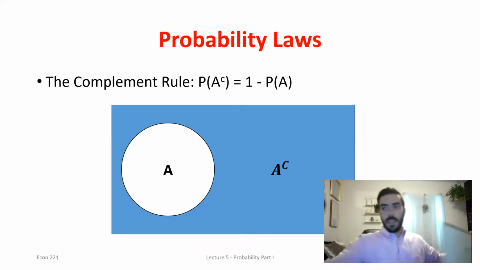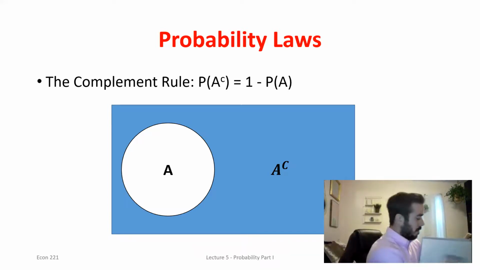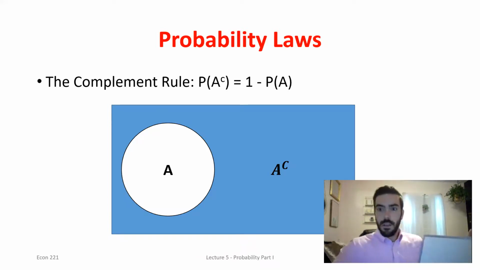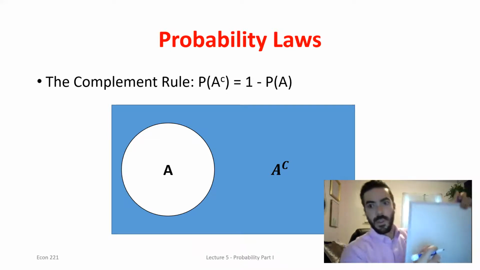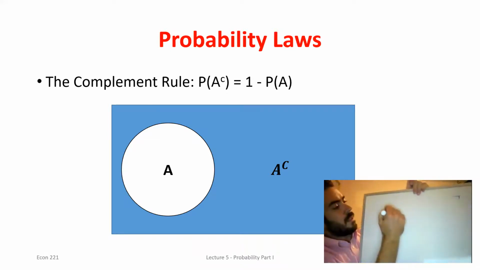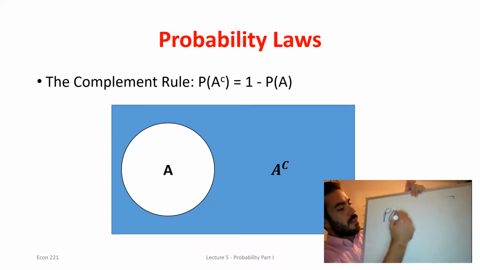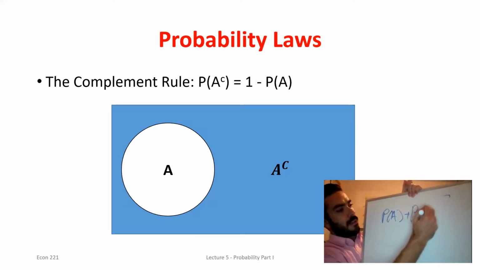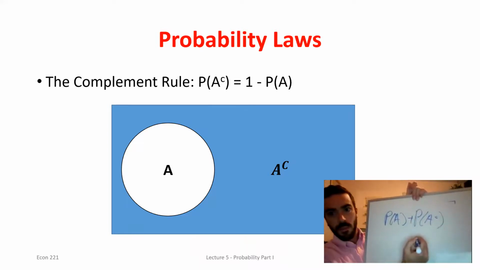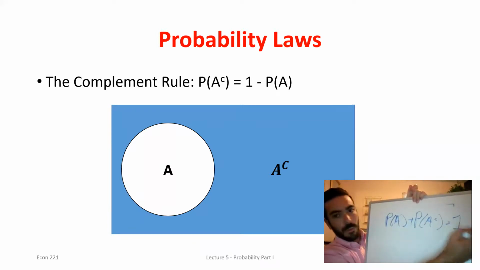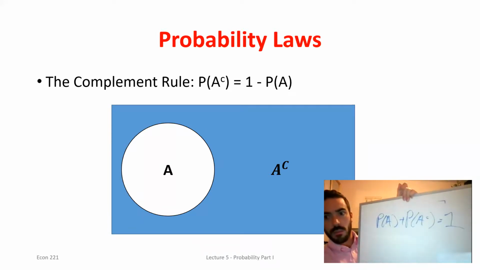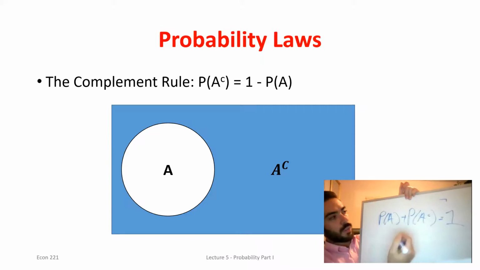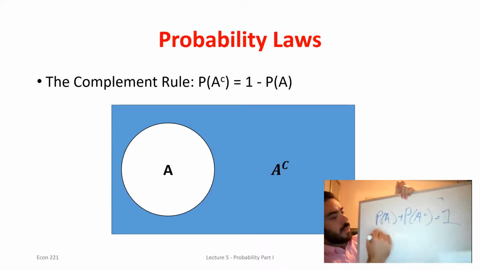So all I'm really doing there to get that complement rule, right? What I just said was, if I take the probability of A and I add to that the probability of A complement, well, we just said those fill up the entire experimental outcome space. So all I did was rearrange this equation a little bit.